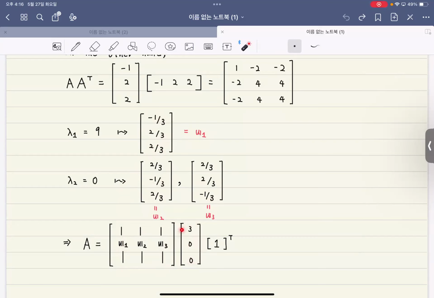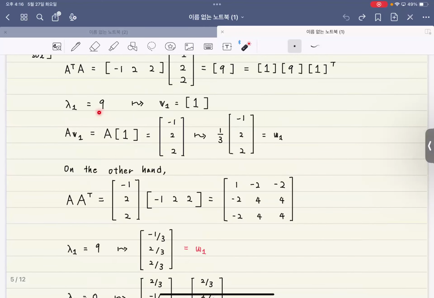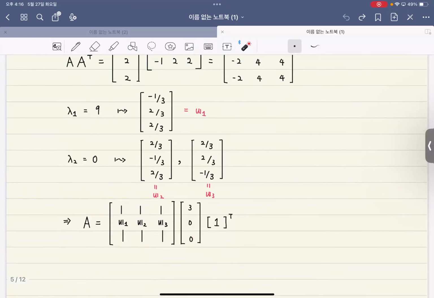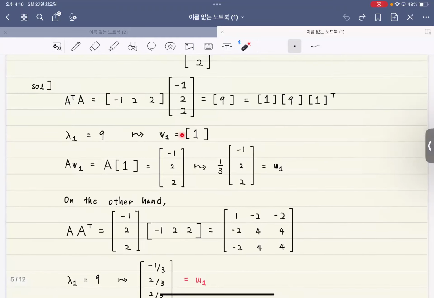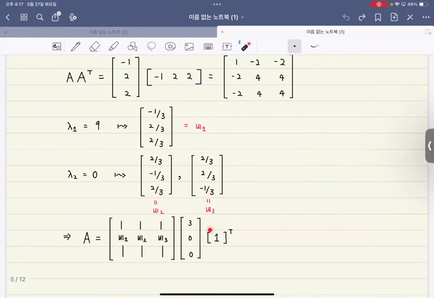I told you the dimension of sigma was the same as the dimension of matrix A, and whose diagonal entries are the singular values of your matrix. However, my eigenvalue was 9, so my singular value should be 3, right? So 3, 0, 0, followed by this matrix V transpose. So this is the singular value decomposition of this matrix.